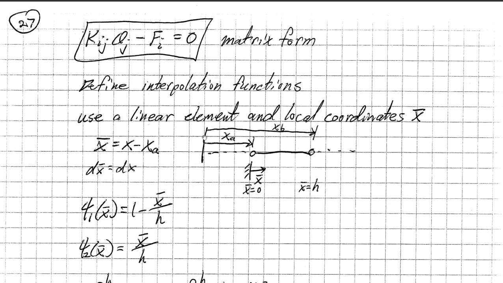So if I have a rod of length xb and I just want to look at an element inside the rod, I'm going to define a local coordinate x bar where this is 0 at this node, and then as I move forward it has a length of x bar equals h. So h is the length of this element. So here's some definitions on how you relate a local coordinate and global coordinate. If I take a differential, they're equal since this is a constant.